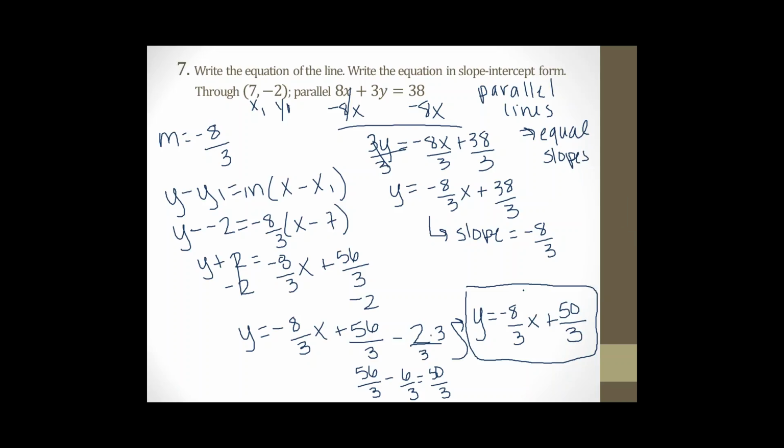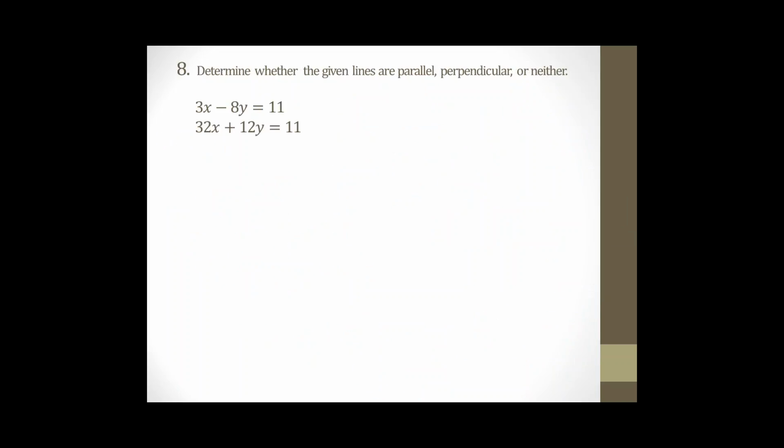All right, with that in mind, let's look at number 8. Determine whether the given lines are parallel, perpendicular, or neither. We have two equations, and we need to get them in slope-intercept form so we can identify the slope. Let's start with the first one: 3x minus 8y equals 11. Let's subtract 3x on both sides.